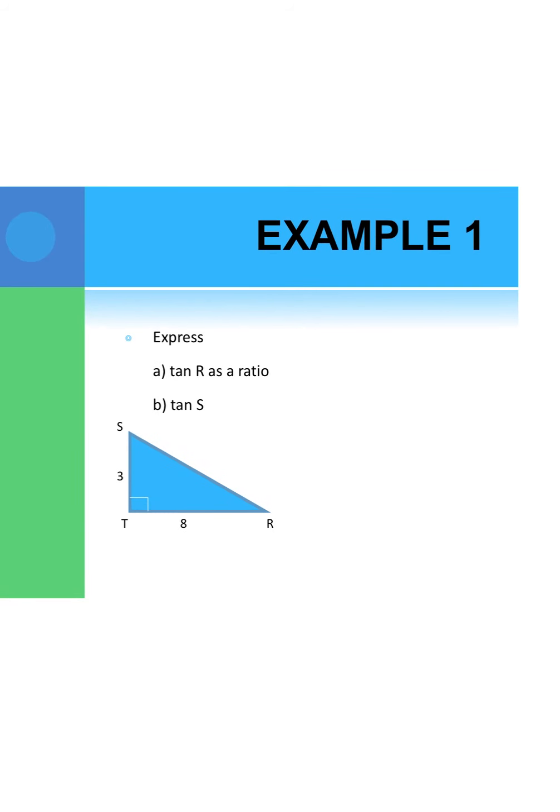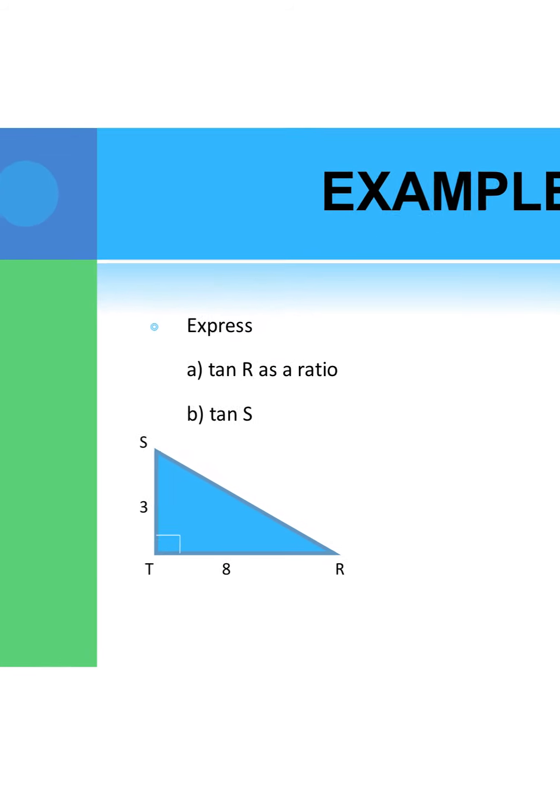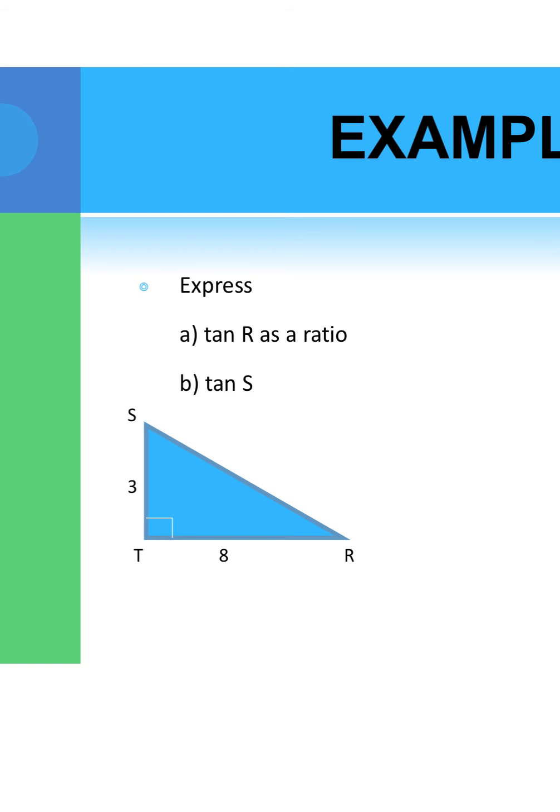Express the following as a ratio. So we've got tangent of R as a ratio. Let's find angle R, which is right here. Let's go across from R. That side is 3. So 3 is our numerator. And then our denominator is going to be the side adjacent to that angle, but not the hypotenuse.